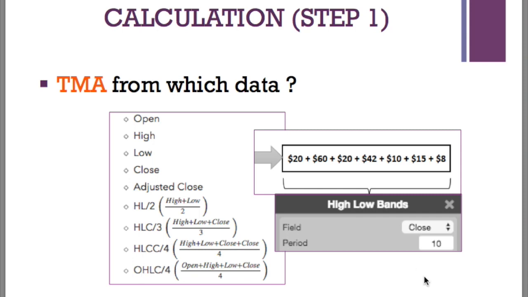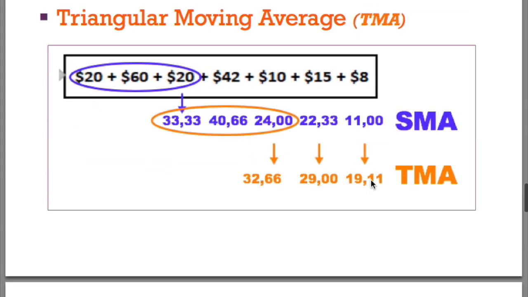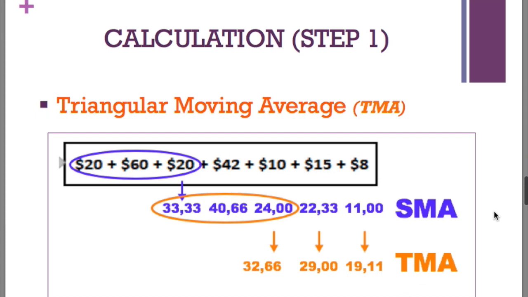It's up to you. But the default setting takes the close, and you get the closing prices, and you calculate then the triangular moving average.